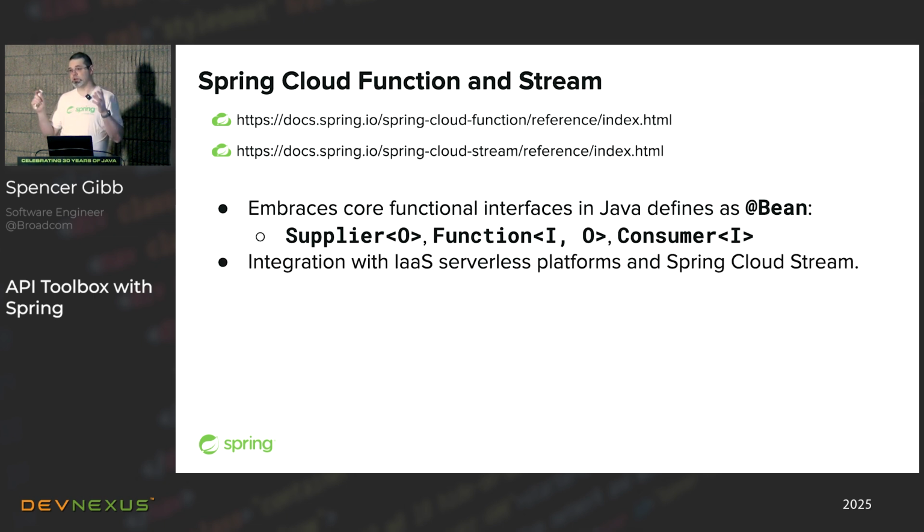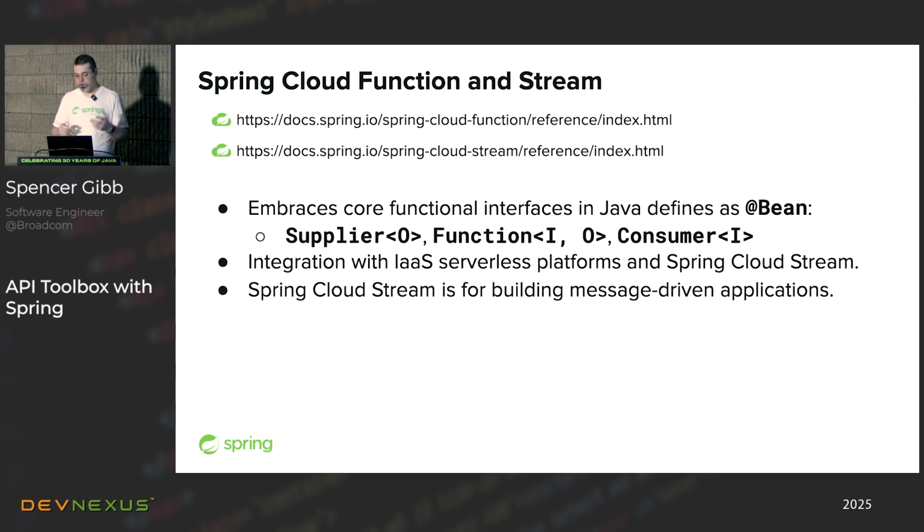So as well as various open source brokers, there is IaaS integration. But you can use this to build message-driven applications, right? So in a lot of cases, if you have a bunch of microservices, probably the worst thing that you could do is have a big, huge tree of blocking HTTP calls, right?